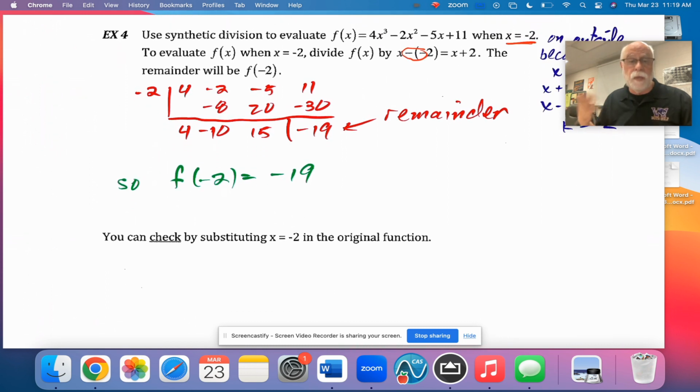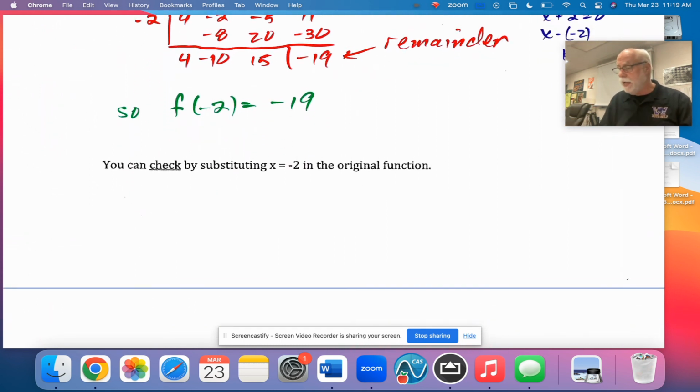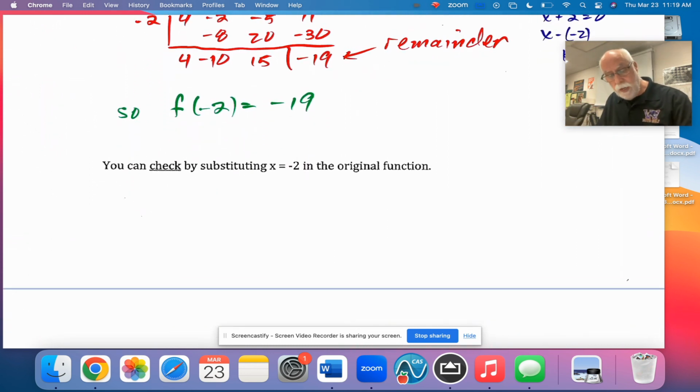So it says you can check by substituting x is equal to -2 in the original equation. So if we do that, we're going to get f of -2. And again, wherever I see an x, I'm replacing it with -2. Since I'm replacing a variable with a number, I always tell you to put it in parentheses.